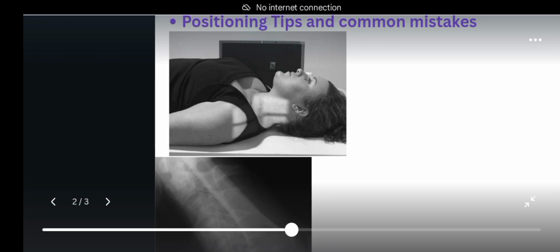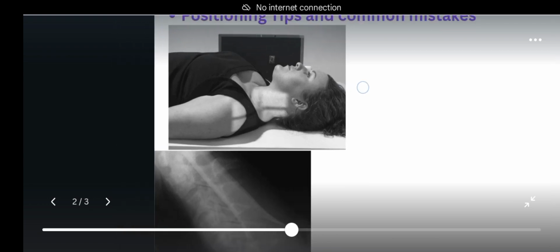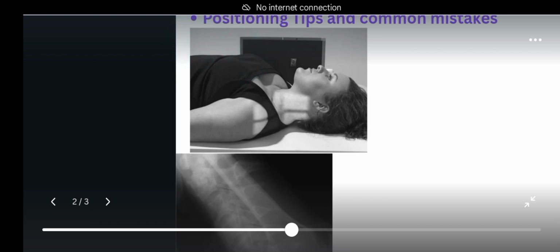But for a patient on spinal precautions, where you suspect a spinal cord injury, you are not meant to tilt the patient to achieve this. Instead, you tilt the tube and the cassette to align parallel to the mid-sagittal plane of the patient.